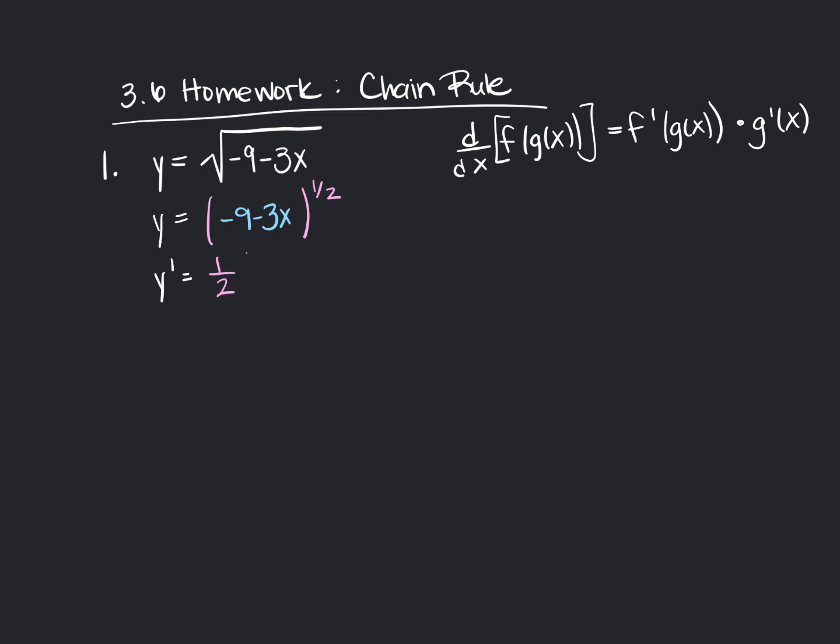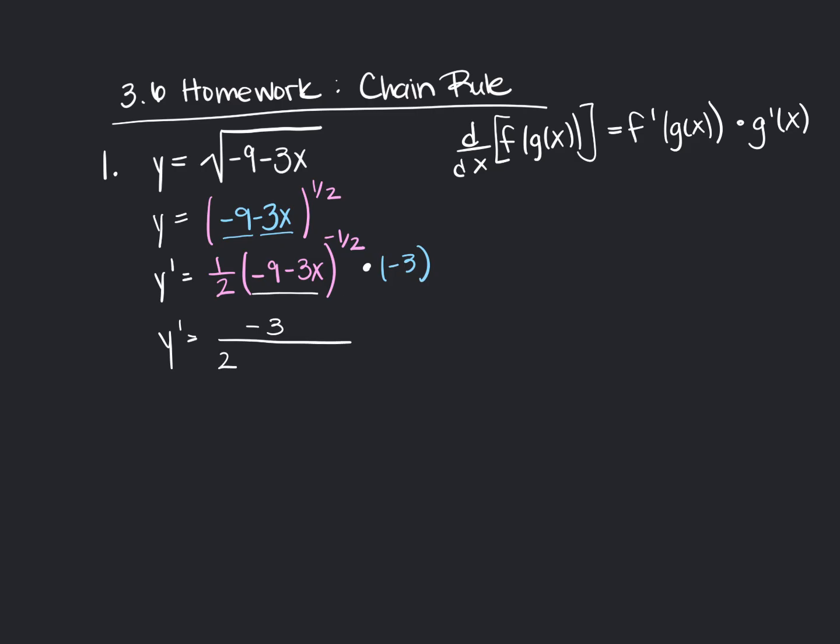So it's 1/2, the middle stays the same. Subtract 1 from the exponent to get a -1/2. Then I multiply that by the derivative of the inside. Well, on the inside, the derivative of -9 is 0, and the derivative of -3x is -3. Now I can clean this up, and we're going to have 1/2 times -3 is -3 over 2.